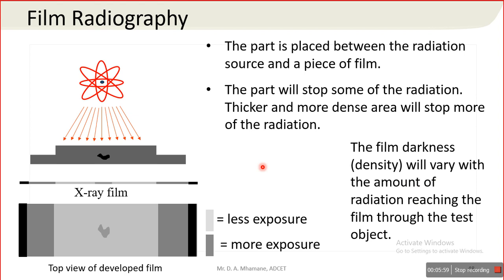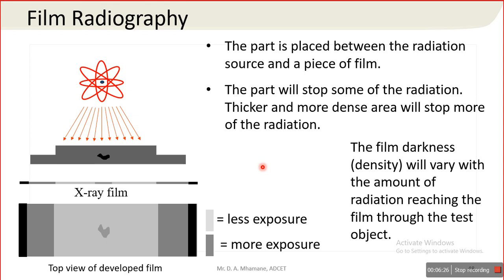The procedure is very simple, dear friends, but interpretation needs skillful observation regarding the conclusion. You need to place an object in between the source and film. The source emits radiation, the X-ray film absorbs radiation, and the X-ray image is generated.